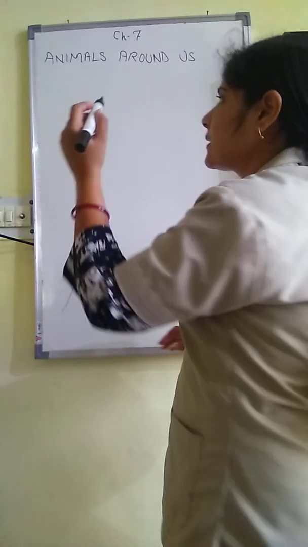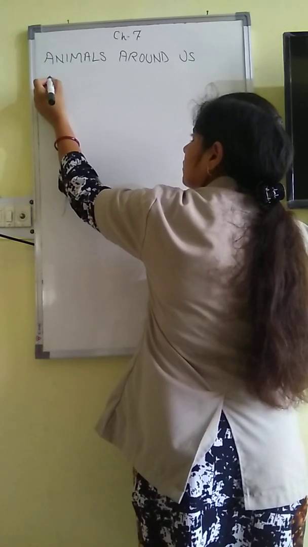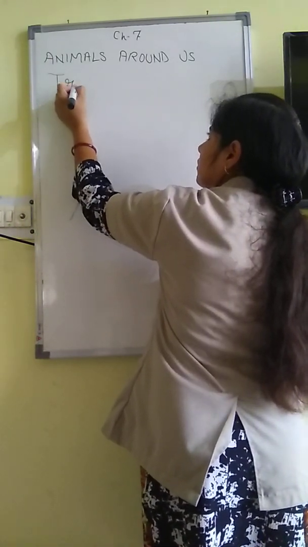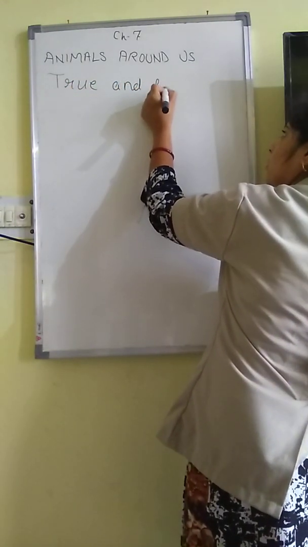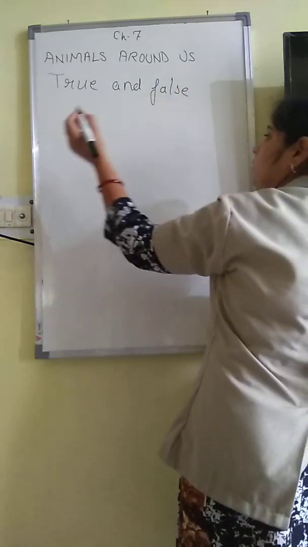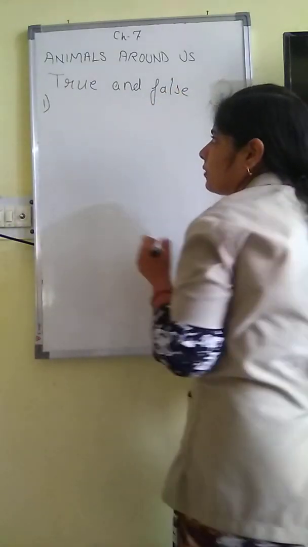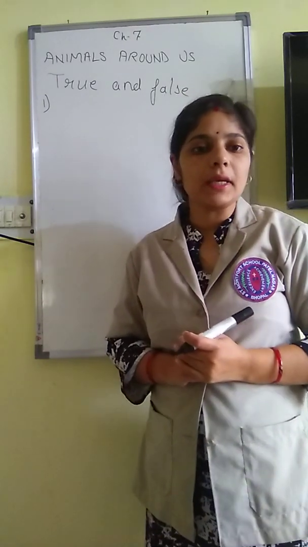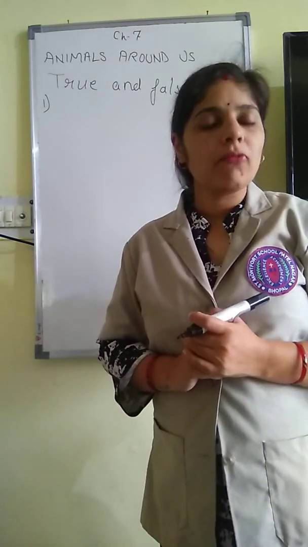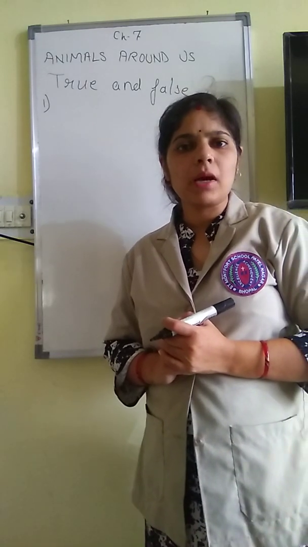Now the next exercise is your true and false. So we are reading our first statement. First statement is animals eat the same kind of food. So do animals eat the same kind of food?